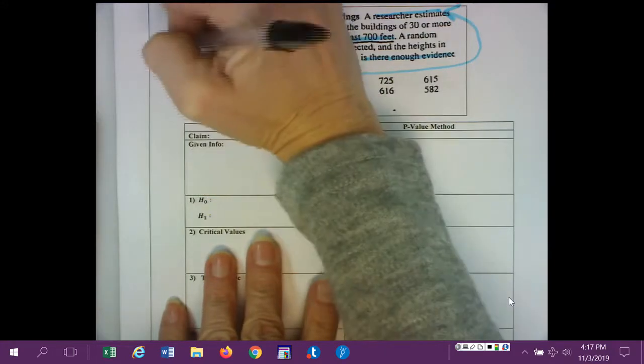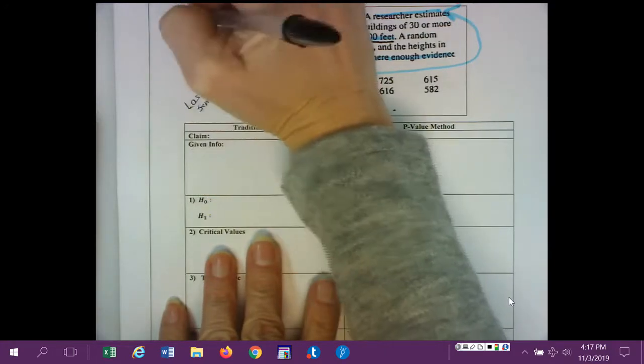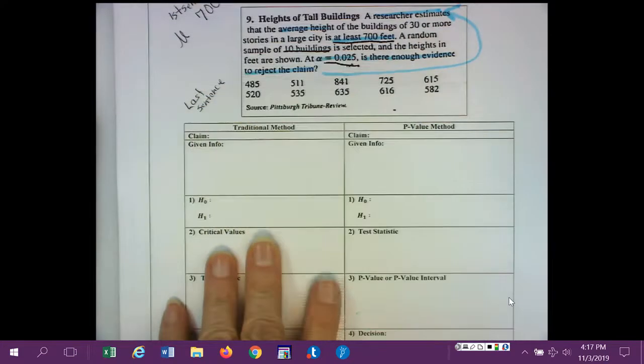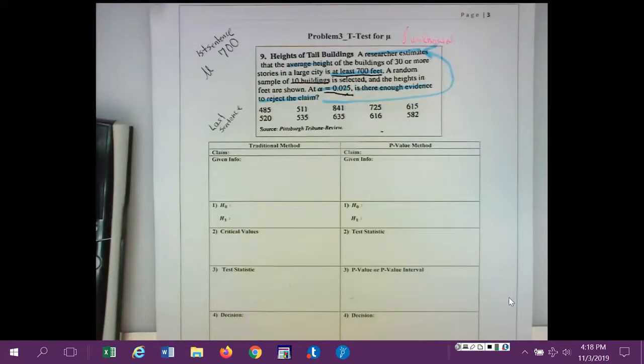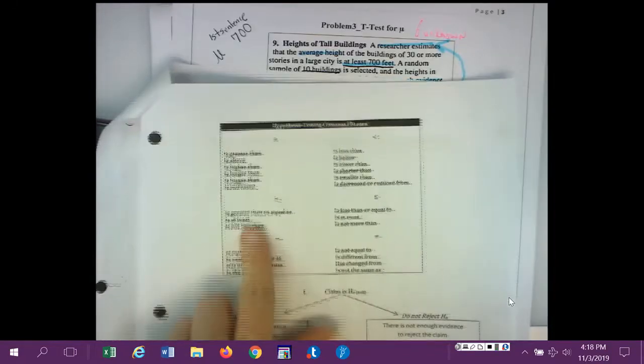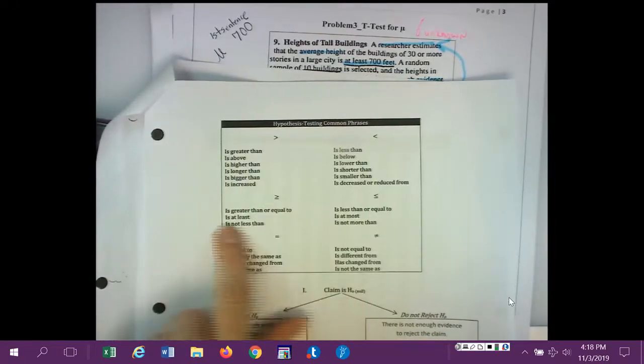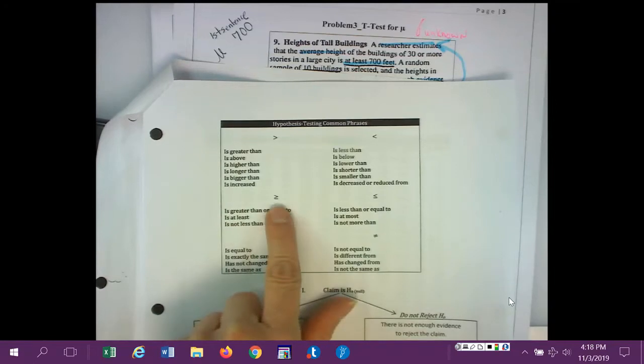So the researcher says average is at least 700. If you do not know what at least means, go to your phrases, pick out the symbol or the verb, the verbiage is at least, and the symbol is greater than or equal to.